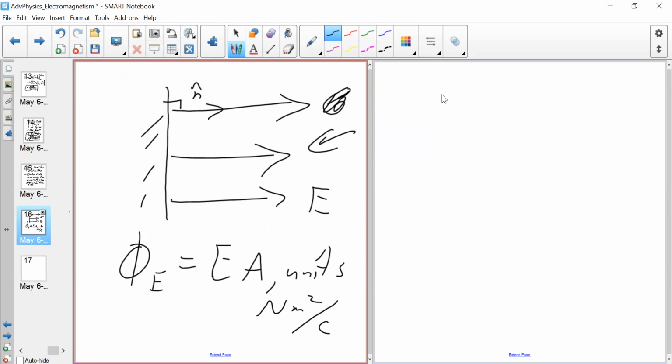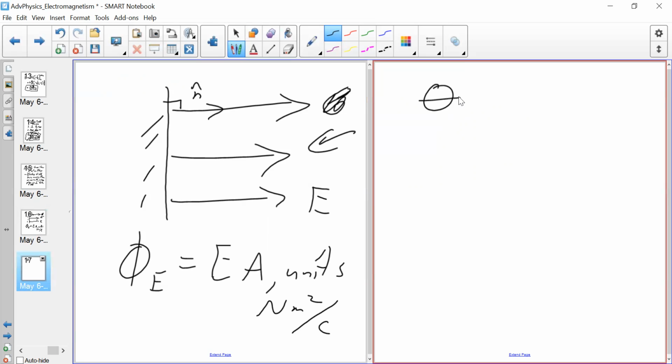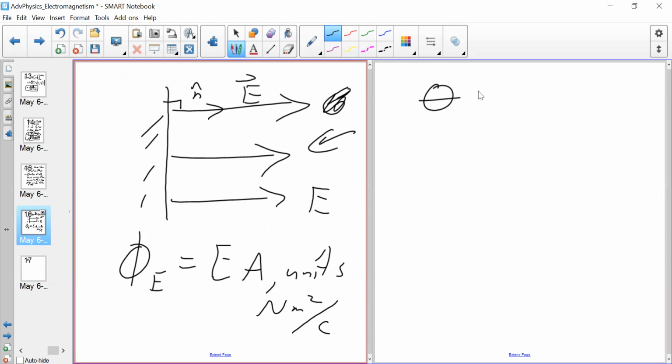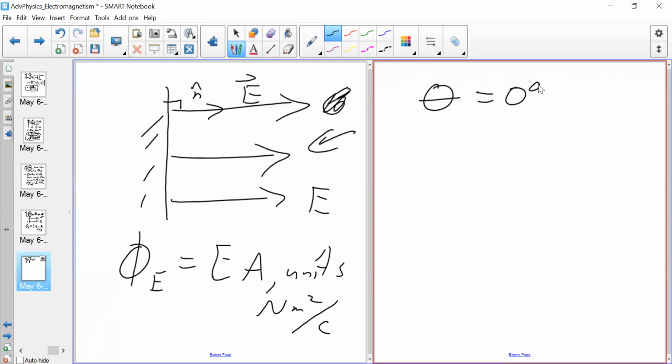And the angle between this normal pointing vector and each electric field line is going to be 0. That basically means that the electric field is parallel to the normal vector, perpendicular to the plane.